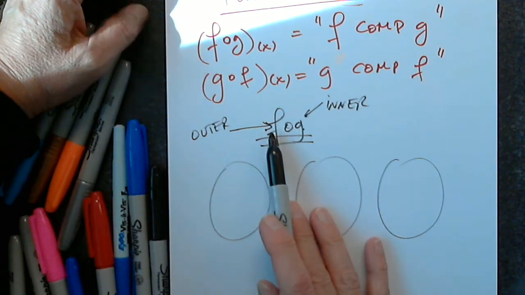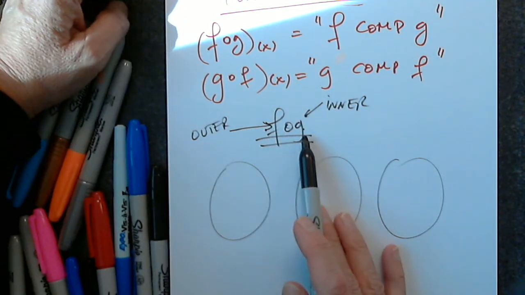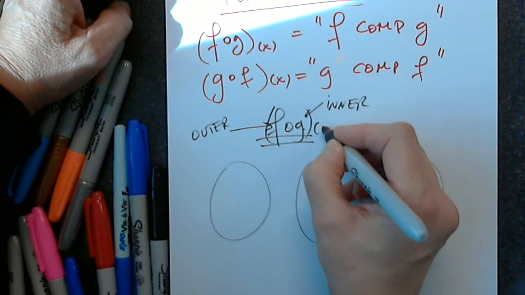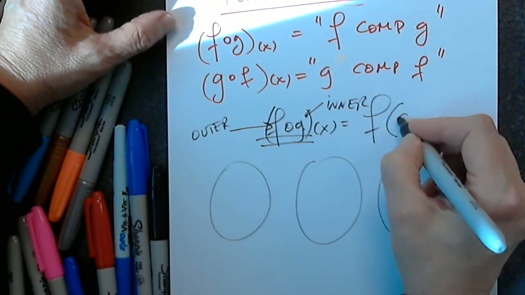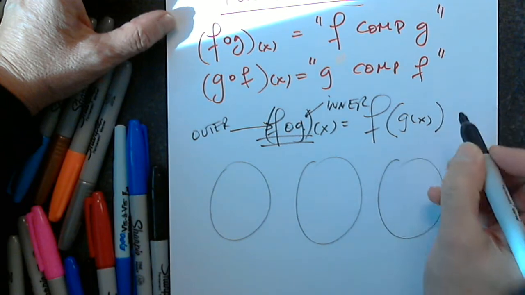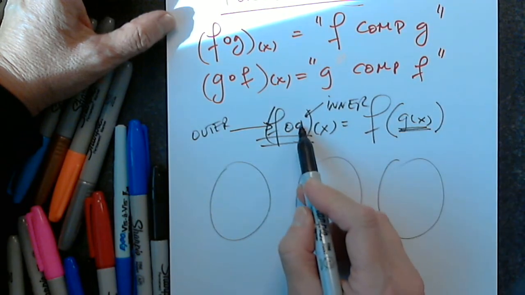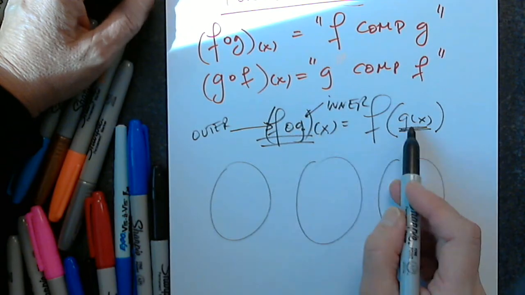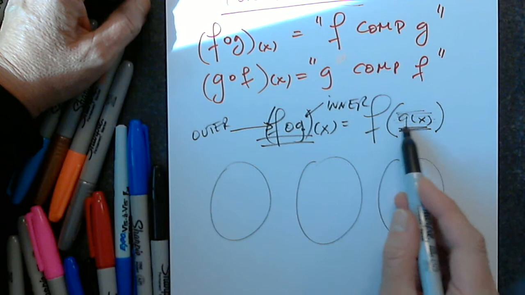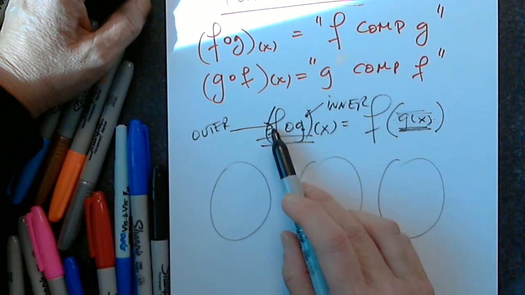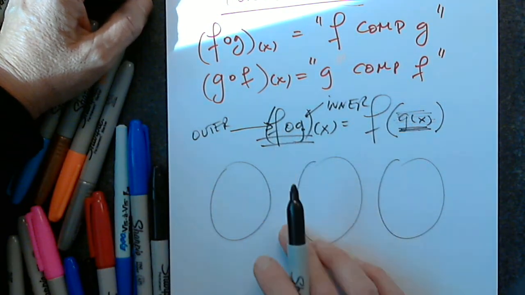I see f as being the first and g being the second. True. But when you apply it to x, this really means f of g of x, which makes g of x closest to x. G of x is the inner. And when you are done with this number, then you are applying the outer function, which is f.